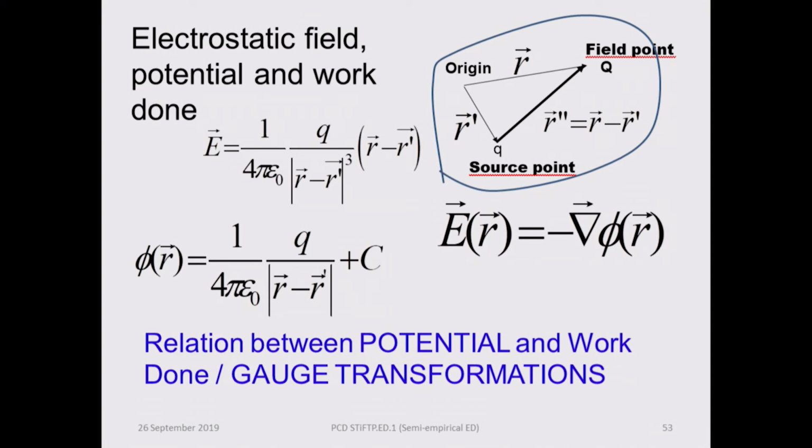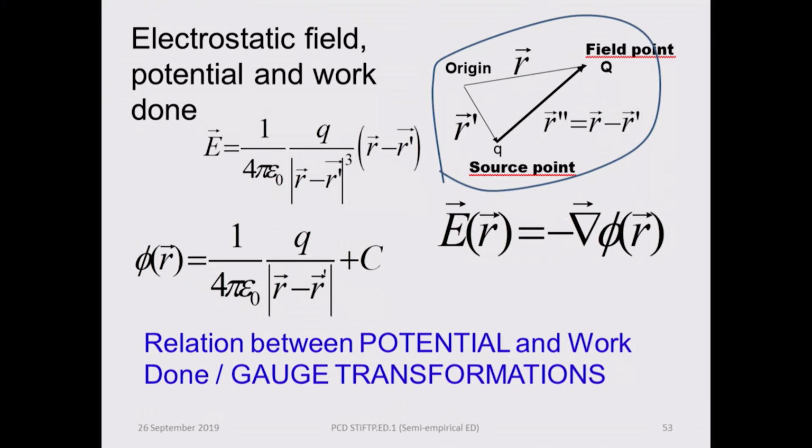And now we talk briefly about the work done, which we did earlier in the discussion on the potential, but now we will generalize it to more general charge distributions. When you bring another charge from infinity to a certain point, you are doing work on that, and that energy is going to be stored in the system, which is the potential at that point.